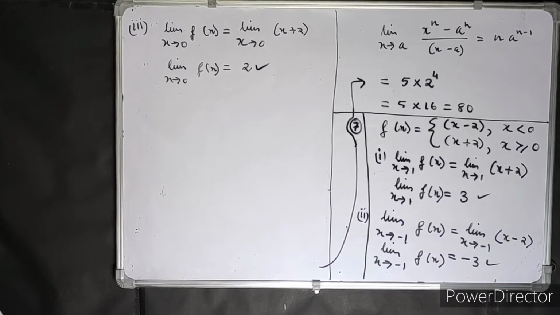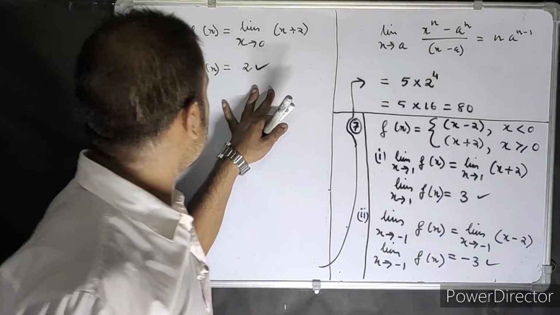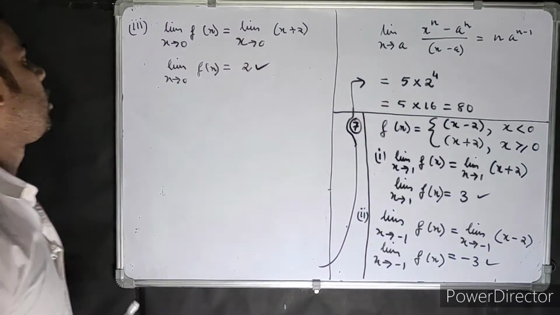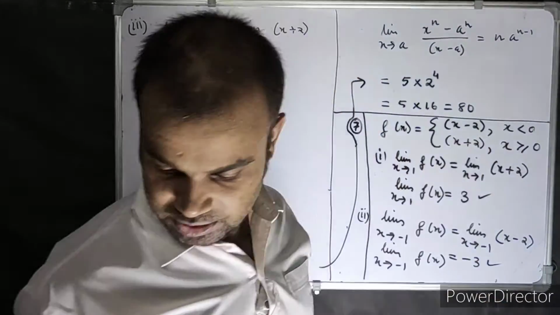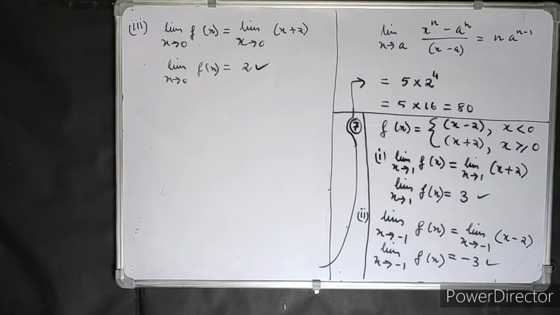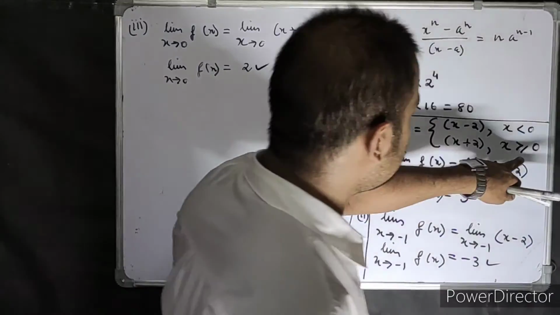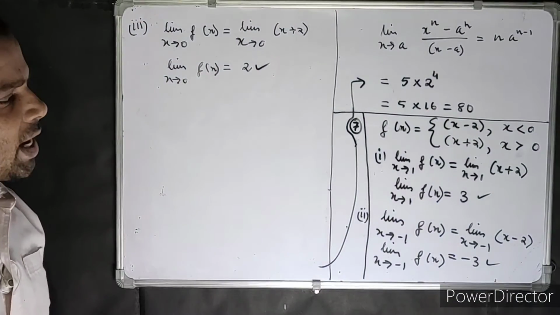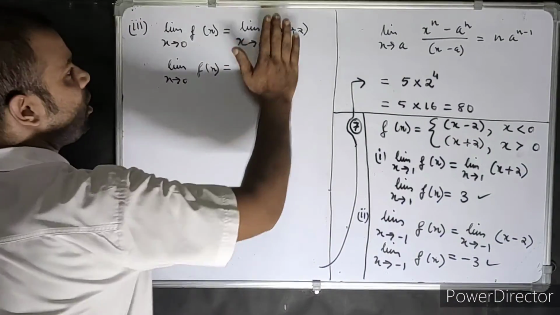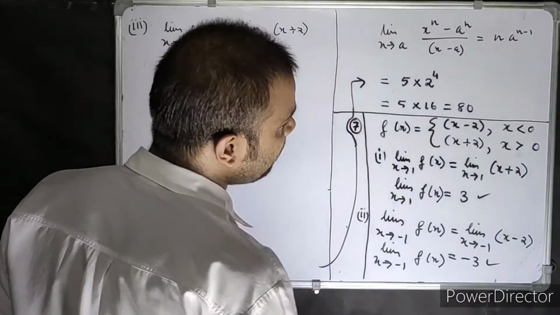But why? It does exist, because at 0 the value is 2. I think there is a printing mistake at the back. It says does not exist, but it's not possible because it's given equal to 0 here. If we didn't have the equal to sign, then this would not exist, because at 0 you cannot find a value.